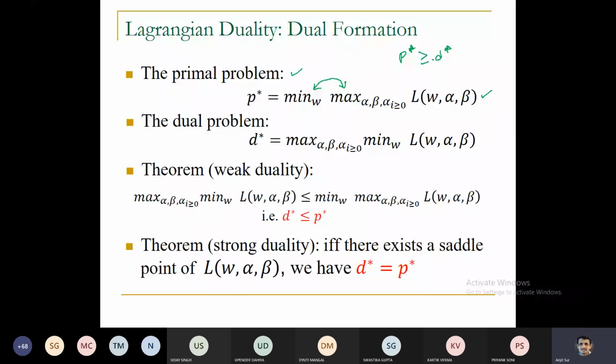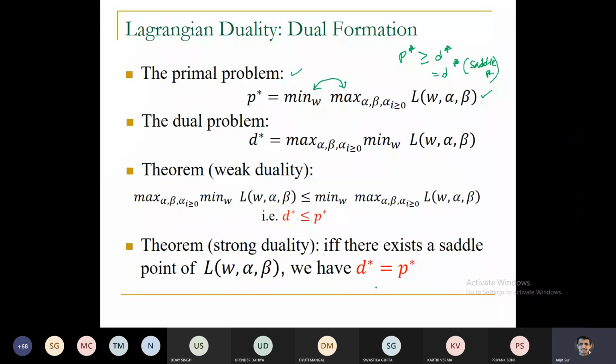And it is equal to d star if there exists a saddle point. Saddle point is basically defined in reverse: strong duality holds if and only if there exists a saddle point of L(w, alpha, beta), then we have p star equal to d star.